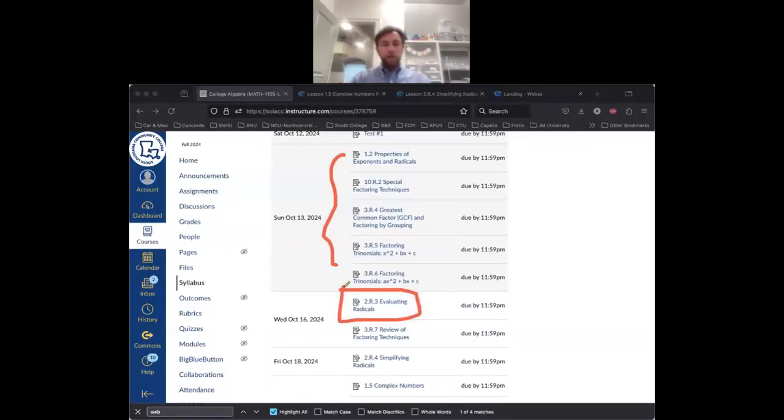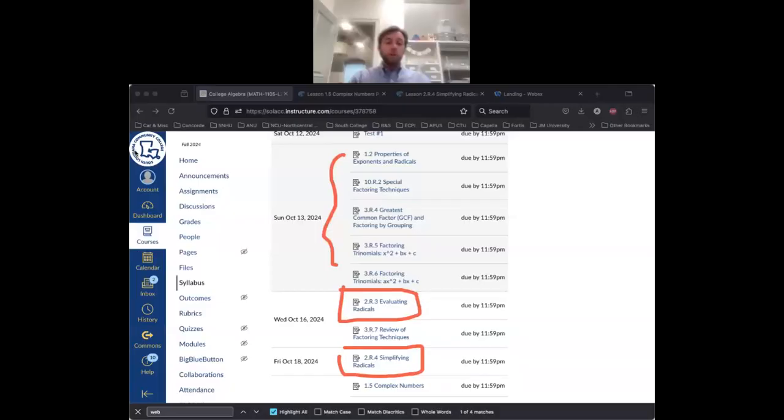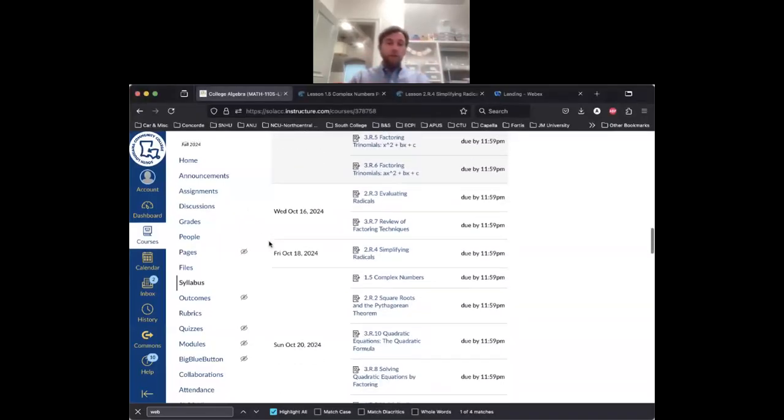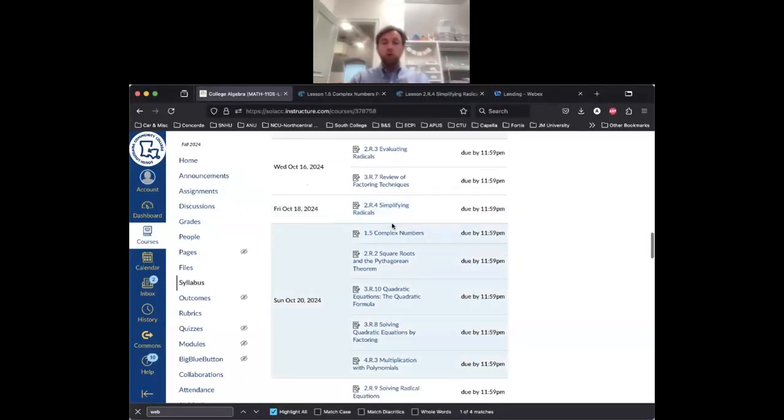Work on those with the time that you have, and then tomorrow we're going to start reviewing factoring and rules of exponents. We're going to bring all that back, get you ready for the test that's coming up. But we're also going to bring in our other stuff on quadratics too.